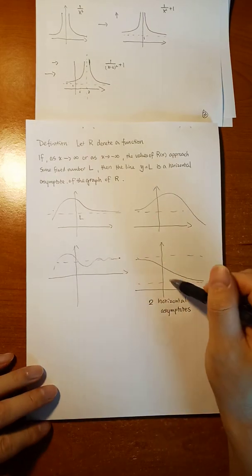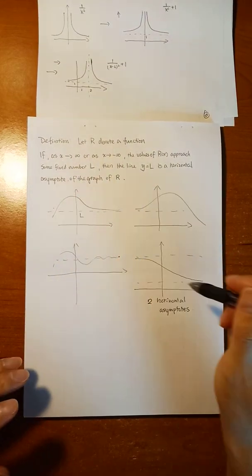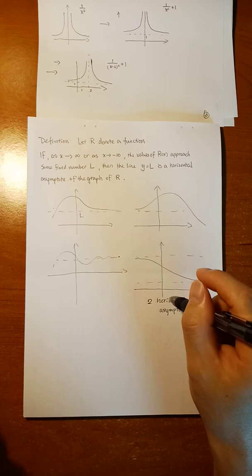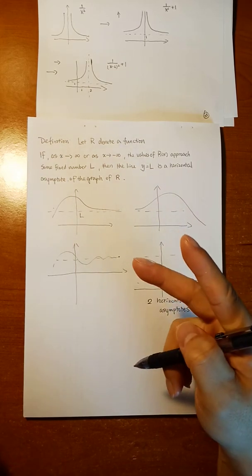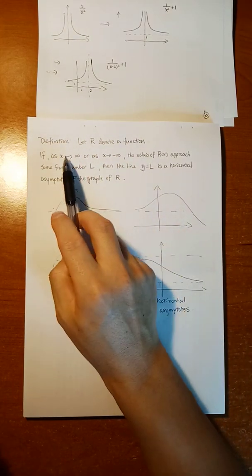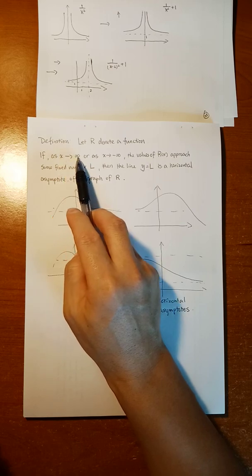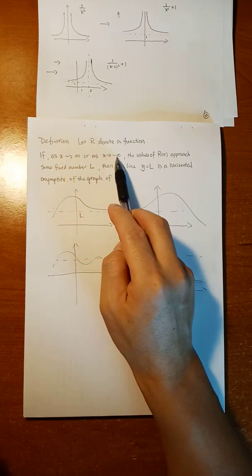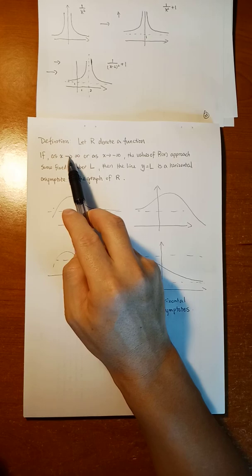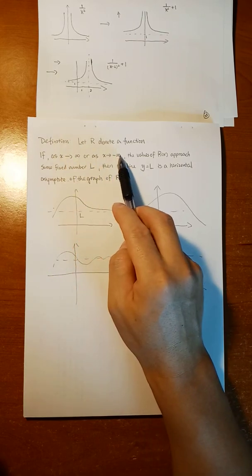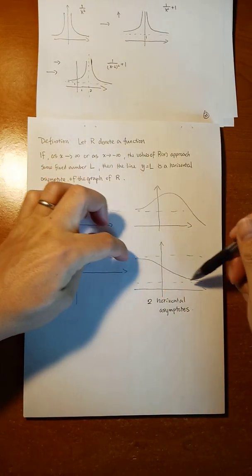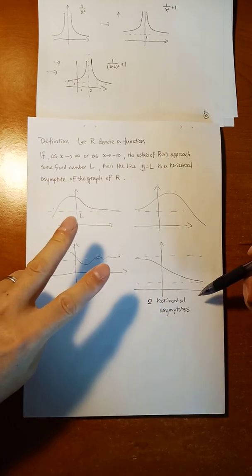Also from this discussion, you will see that a function can have at most two horizontal asymptotes because you can allow x approaches positive infinity or negative infinity. So you have one case, you have a second case. If those two cases give you two different numbers, you have two horizontal asymptotes.